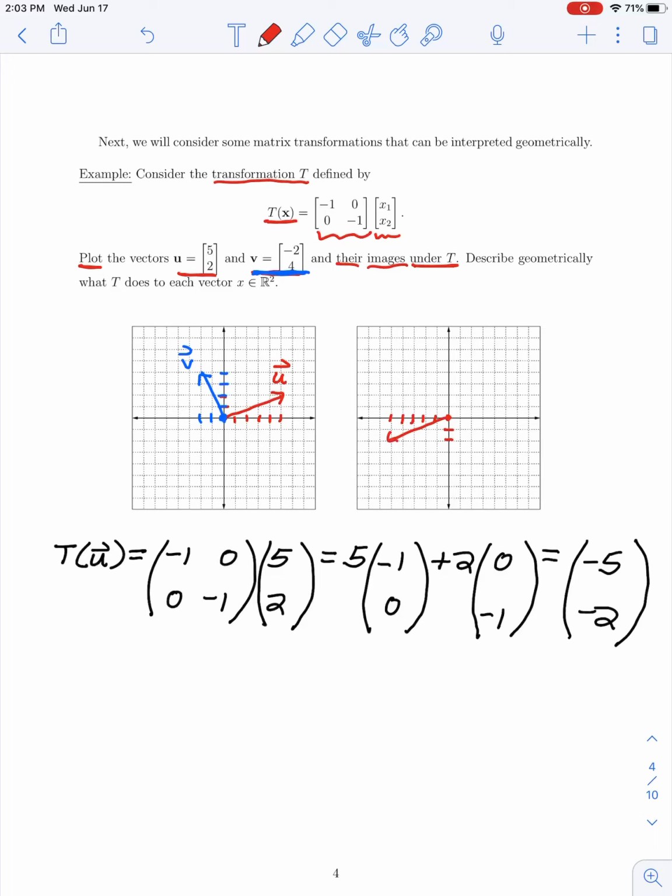So we would have the transformation of this vector u shown here. How does that seem to compare to our original vector u in the left-hand plot? Well, it appears to be moving in the exact opposite direction. It has the same length, but instead of moving to 5, 2, it's moving to -5, -2. We've just reversed the direction of that vector.